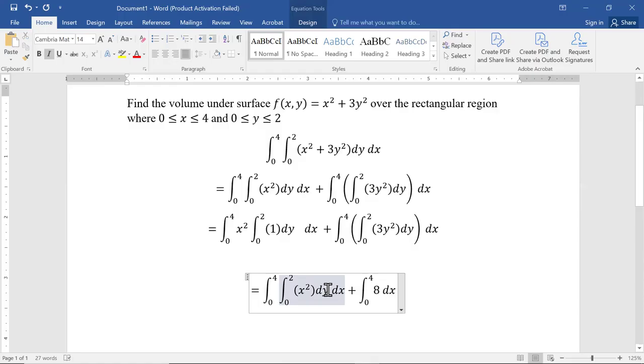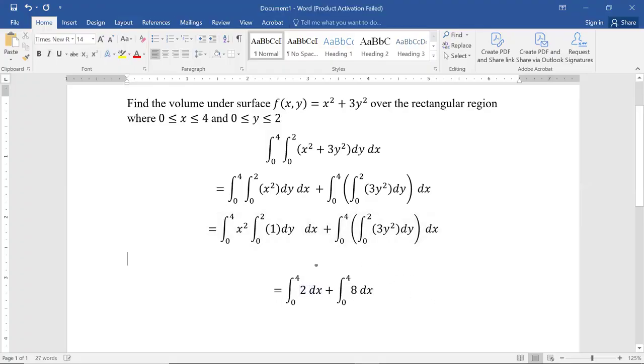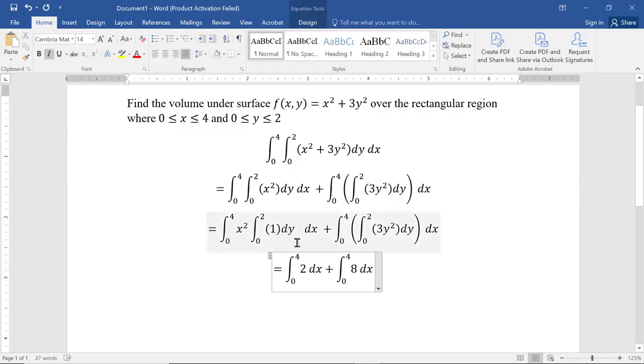So what we've done, utilizing some understanding of pulling constants out, splitting up our terms, integrating with respect to y, we use technology to shorten the process, and now we're just integrating 2x squared from 0 to 4, and integrating from 0 to 4, we're integrating 8.